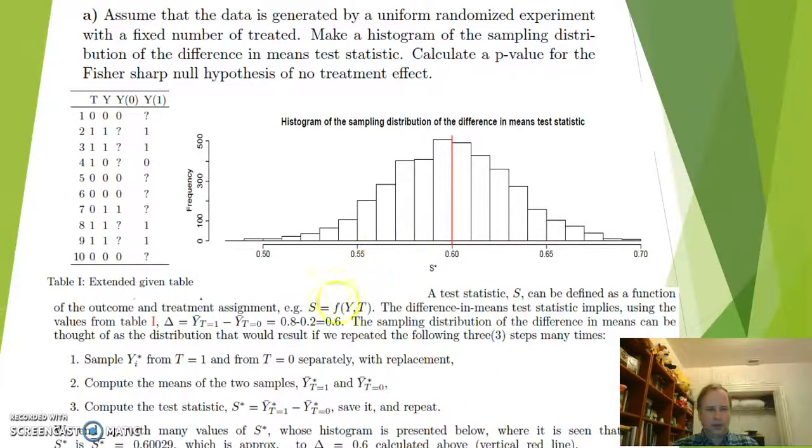First, sample T1 and T0 separately with replacement, compute the means of the 2 samples, and then the difference, then repeat it again. As you can see, the histogram is very close to 0.6, which is also seen in this simple difference.